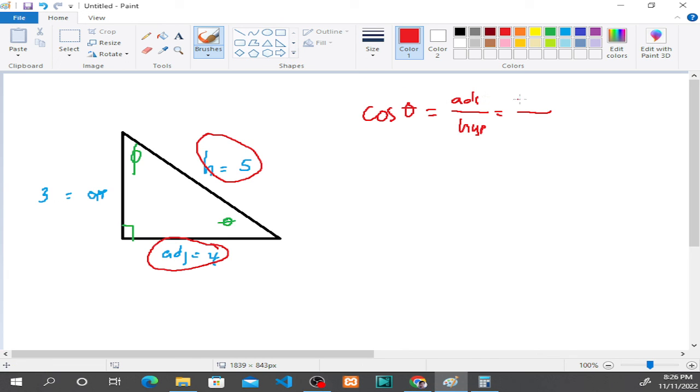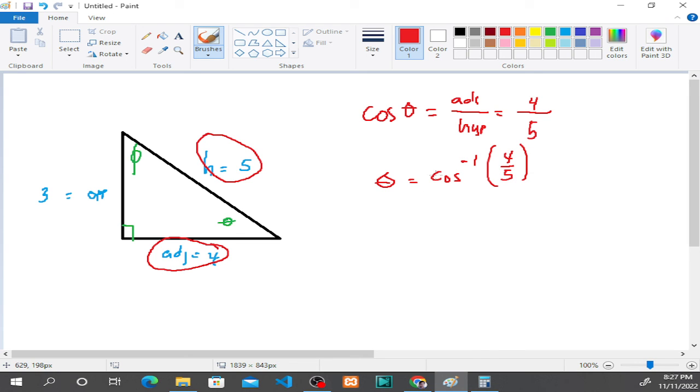When you substitute it, that's 4 all over 5. And the same is true: find theta using the inverse of cosine, cos to the negative 1 of 4 all over 5.